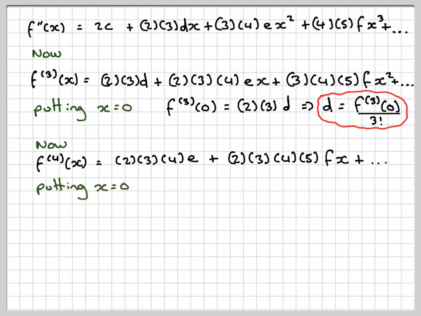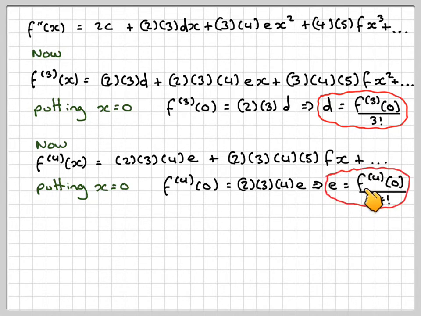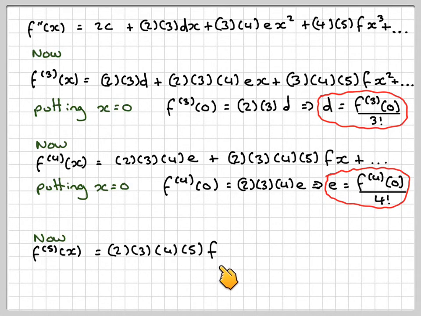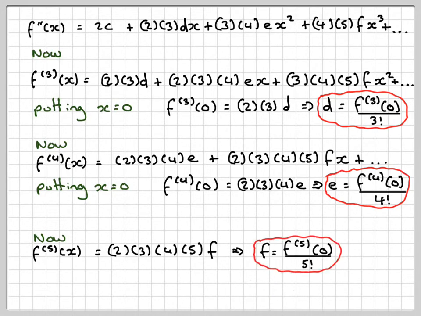Putting x equal to 0, we're going to get the fourth derivative at 0 is equal to 2 times 3 times 4 times e, and therefore e is going to be the fourth derivative at 0 divided by 4 factorial. Now differentiating again, we're going to get 2 times 3 times 4 times 5 times f. So f will become the fifth derivative at 0 divided by 5 factorial.